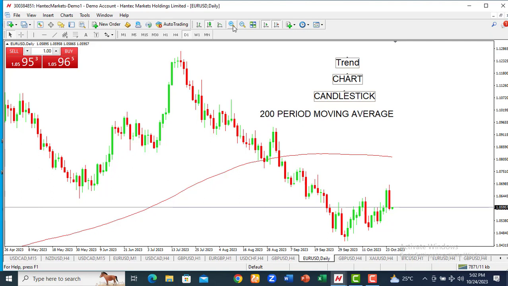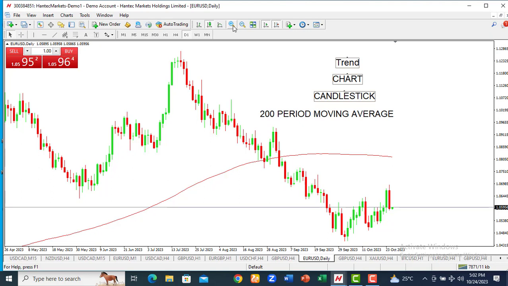So this is it for Euro USD today before going to GBP USD, gold and Bitcoin. So Euro USD today, are we going to be buying or are we going to be selling? First of all, what I look out for is the trend.